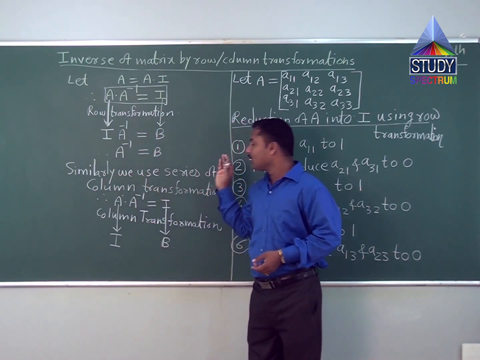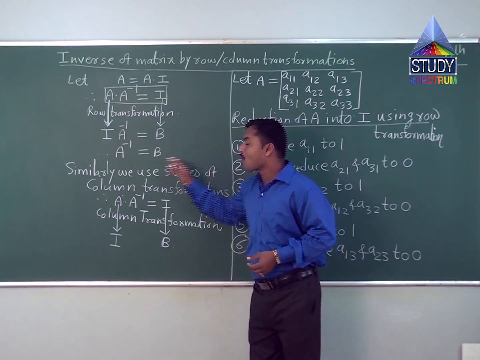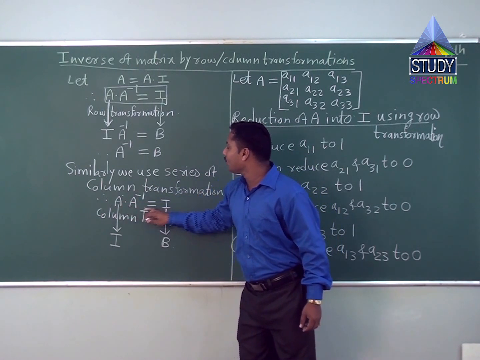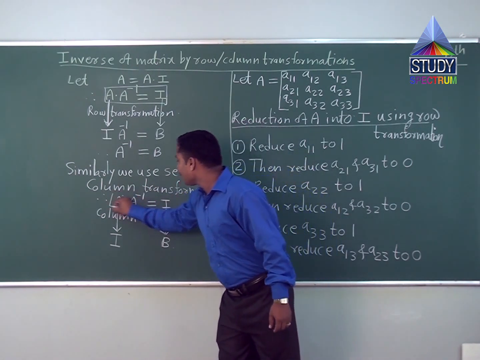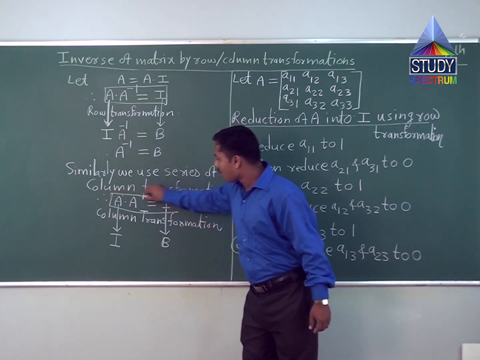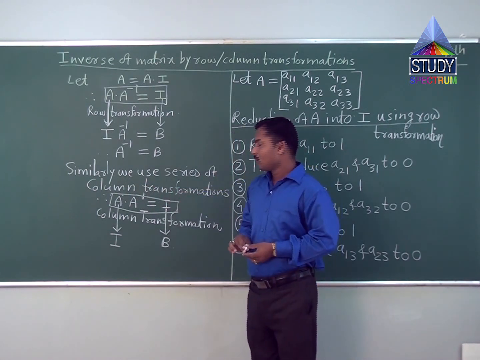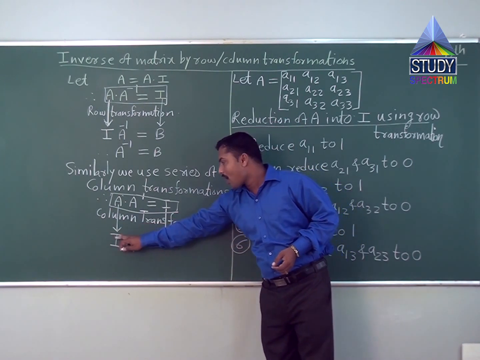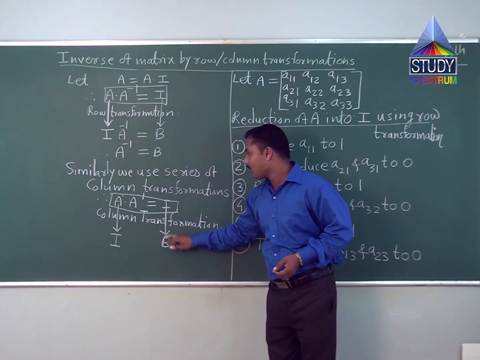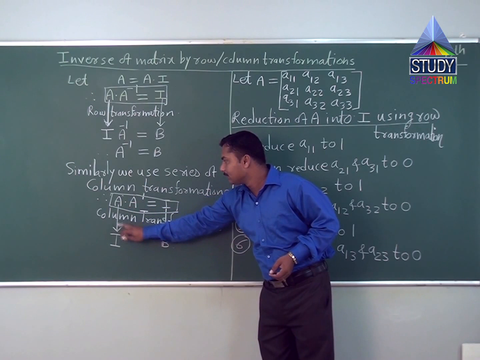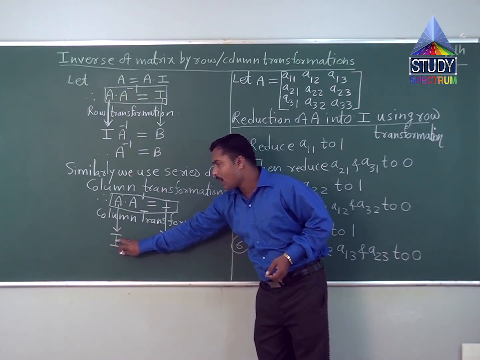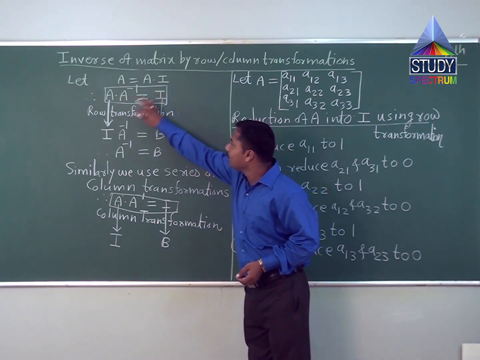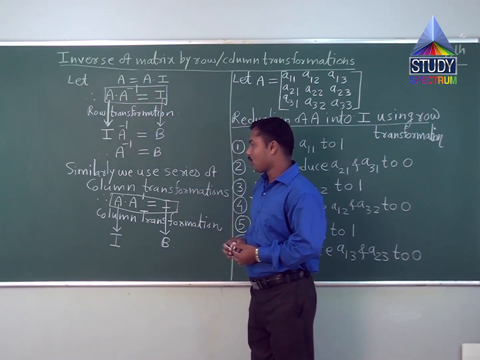Similarly we use a series of column transformations. Suppose A into A inverse equal to I. Column transformations operating on this A convert it into I, and this I is converted into B, similarly in the manner of row transformation.